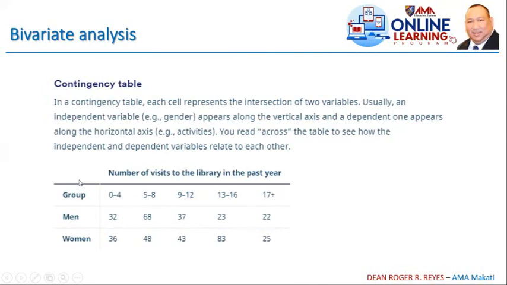So, here, dalawang variables: gender and yung number of visits. So, kung mapapansin natin, 68% majority of men visited the library 5 to 8 times, while for women, 13 to 16 times ang majority. Nag-visit ng 13 to 16.